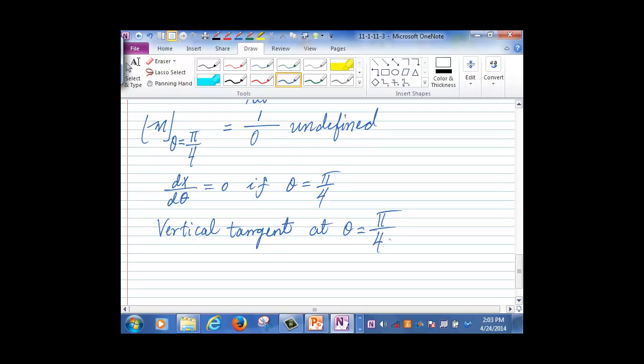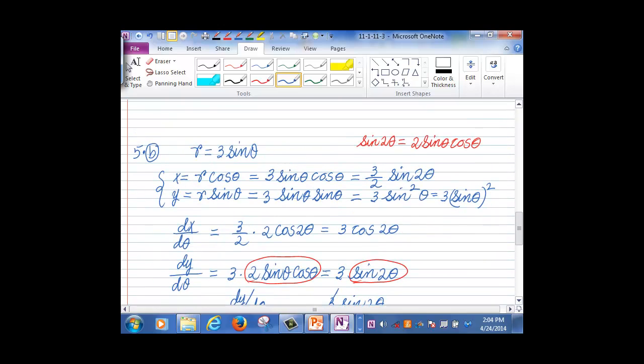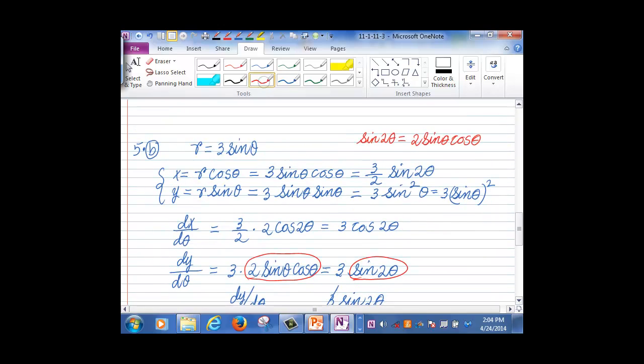Everybody's okay with that? So what would be the equation of the vertical line? What's the x value when θ is π/4? Remember, we found x, right? x was this quantity here.